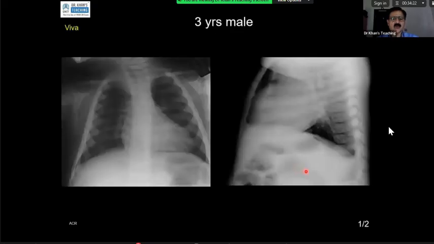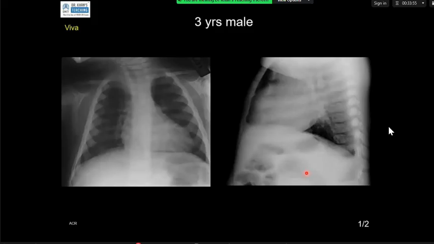And now candidate 3, what is your finding here? So in this child, I think there is some widening of the anterior aspect of the ribs grossly.